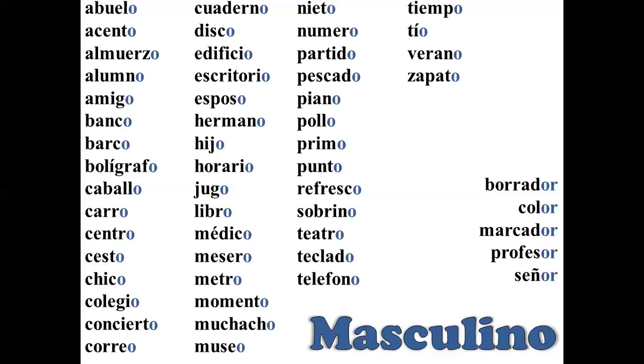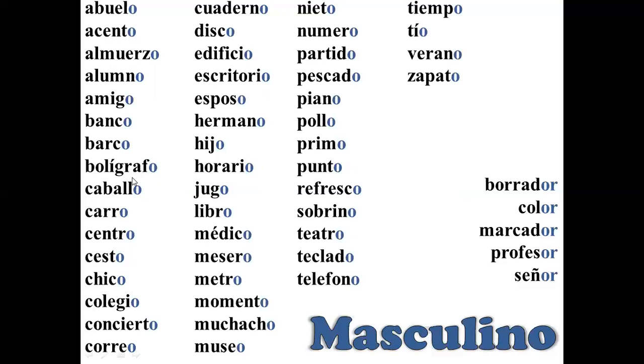So you see all of these examples from Spanish 1: abuelo, acento, hermano, hijo, horario, refresco, sobrino. You can see that some of these, like abuelo, hijo, hermano, refer to a person, but a lot of these do not. So caballo, a horse, bolígrafo, a pen.